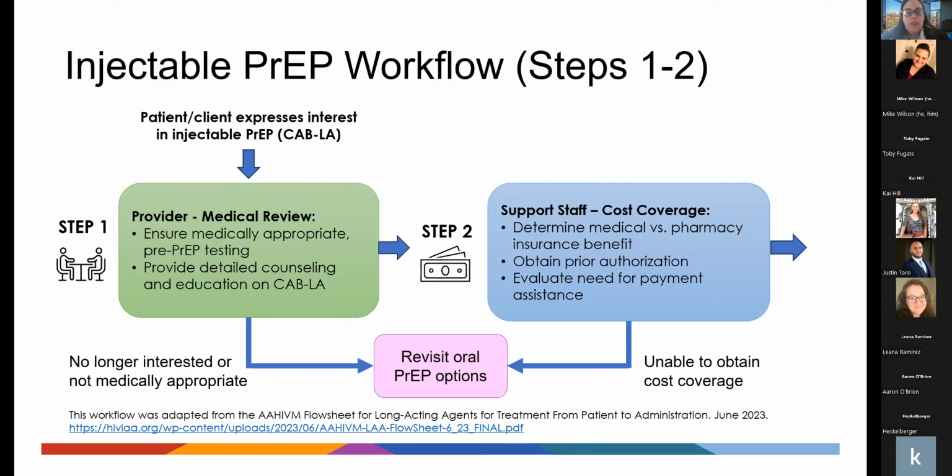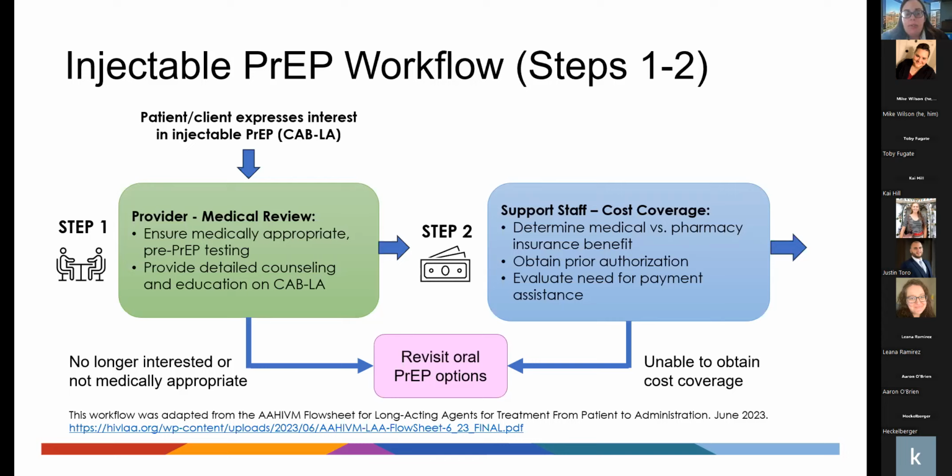The next would be step 2, where your support staff will delve into cost coverage. Again, not really the point of today's talk, but people will touch on it in the last part of this, and then the next part of the series. Here you're going to be determining medical versus pharmacy benefit, and your quick reference list that you've devised ahead of time will help you with that.